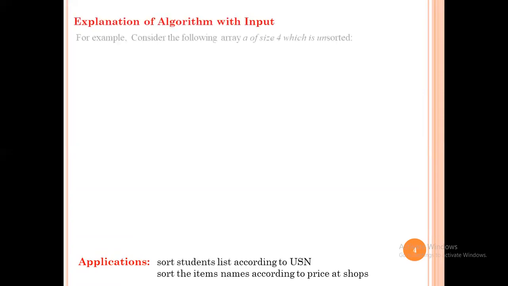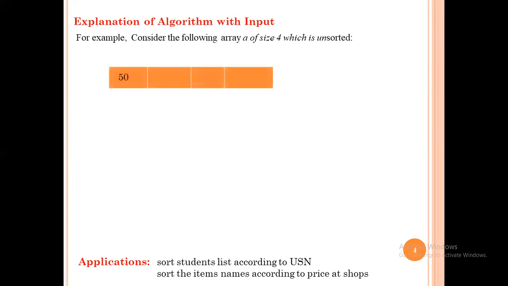Now consider the algorithm with input. Consider an array A of size 4 which is unsorted. Here the first element in the array is 50, the second element is 10, the third element is 70, the fourth element is 60.